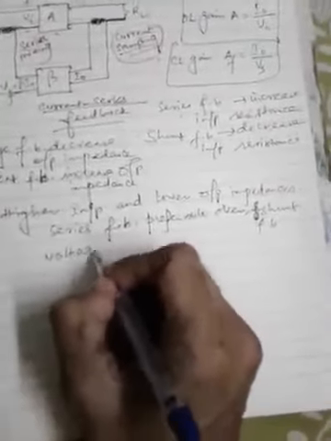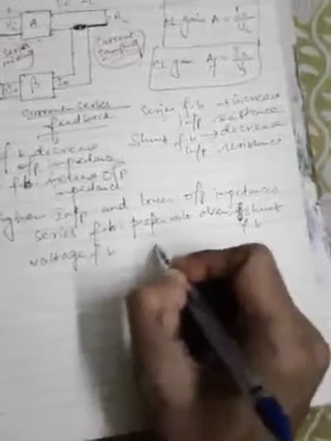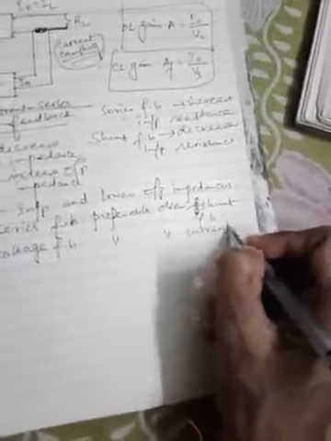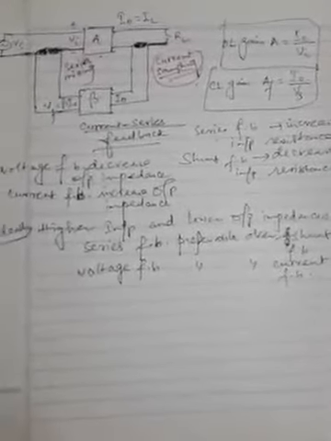So voltage feedback is preferable over current feedback, because current feedback is increasing the output impedance, which is not desired by us. Okay, so this is another comparison between the two.